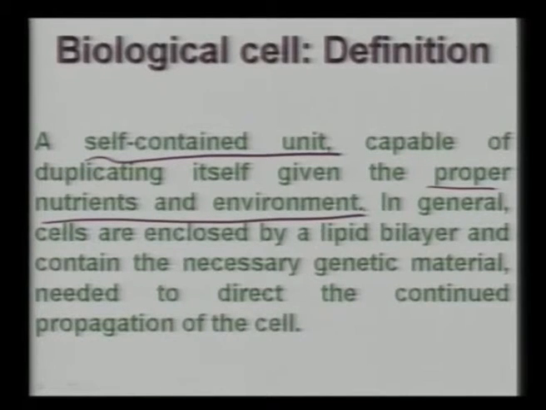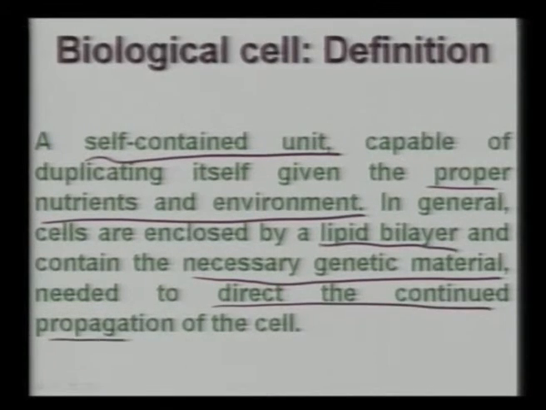In general, cells are enclosed by a lipid bilayer. That is important because cell membranes have a lipid bilayer, and they contain the necessary genetic material. This genetic material is enclosed in the nucleus. That is the DNA, RNA, right? And this genetic material can direct the continued propagation of the cell. Continued propagation means the cell will go through a cycle, right?